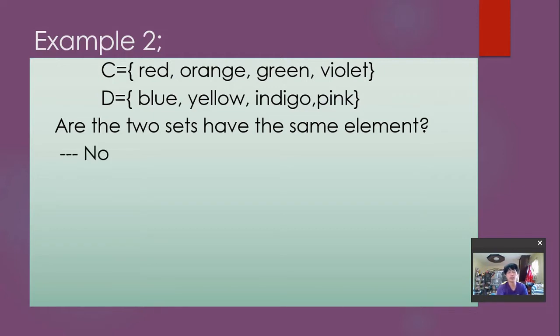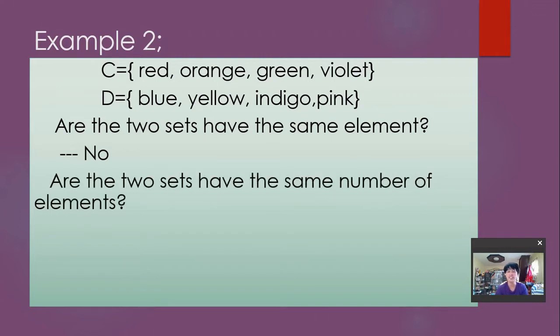So the second question, do the two sets have the same number of elements? How many elements are there in set C? There are 4. How about in set D? There are 4 also. So they have the same number of elements. Now, if this satisfies only one question, could we conclude that C is a subset of D?